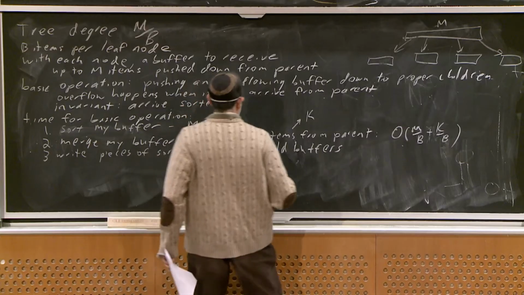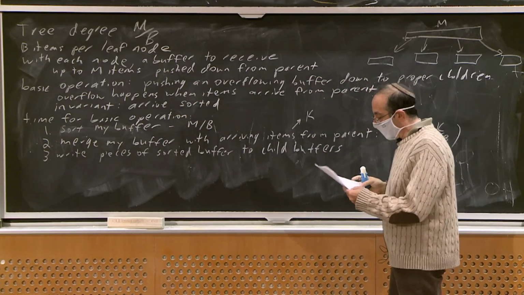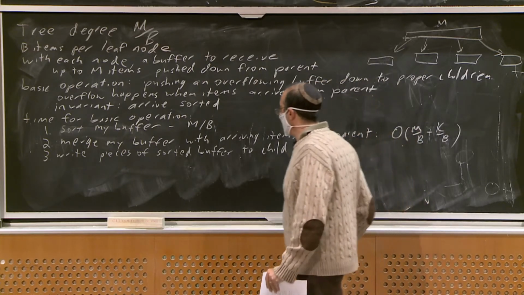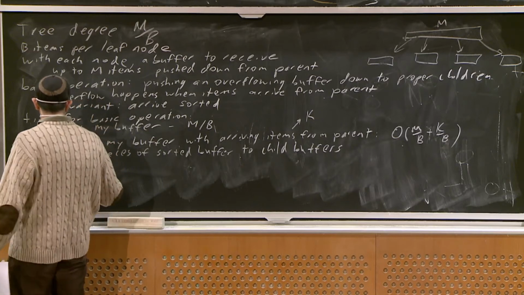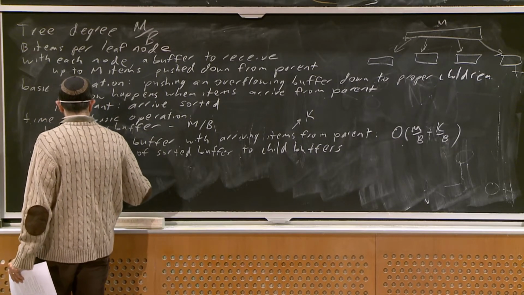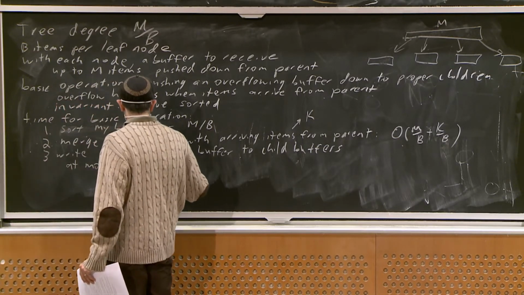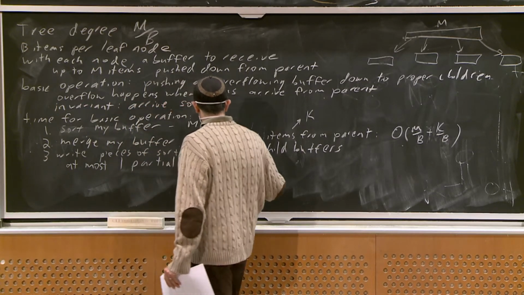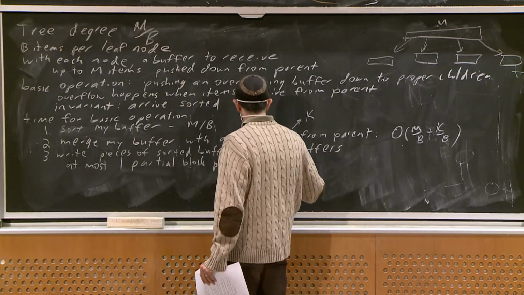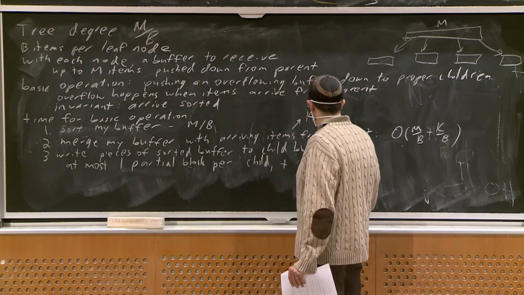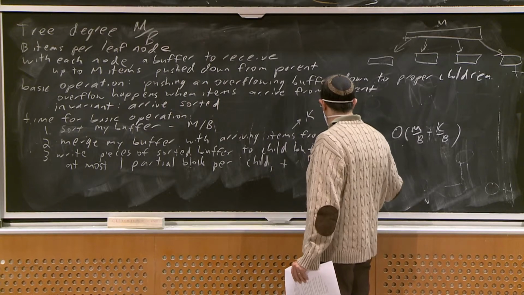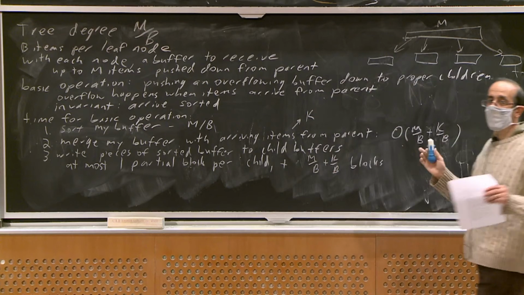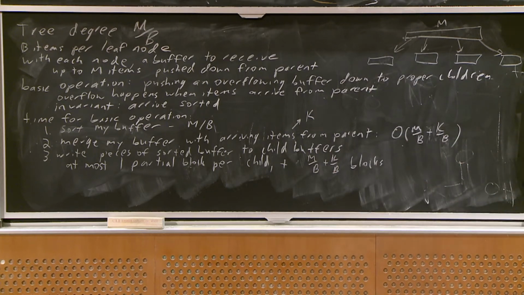Okay? But because we have so many children and we're waiting until we have so many items, this cost is negligible. We are going to be writing at most one partial block per child, right? Plus the m over b plus k over b blocks that are full based on the number of items that are being pushed down.